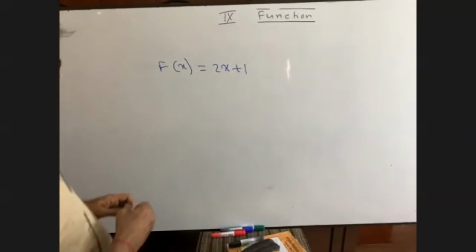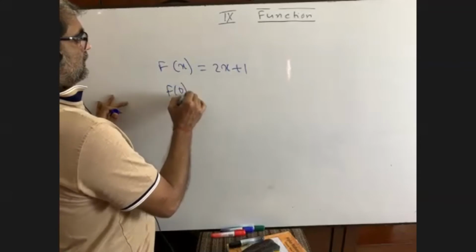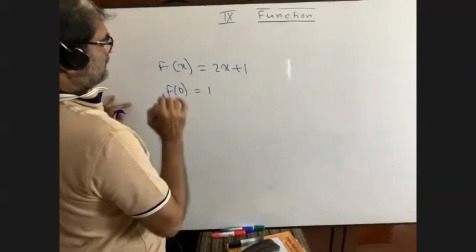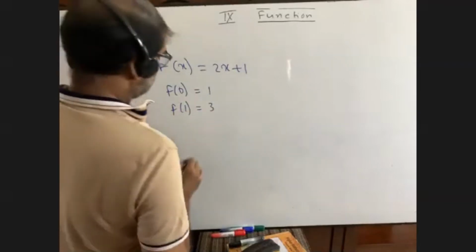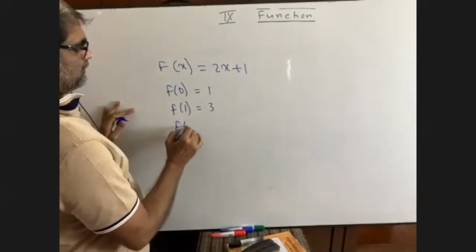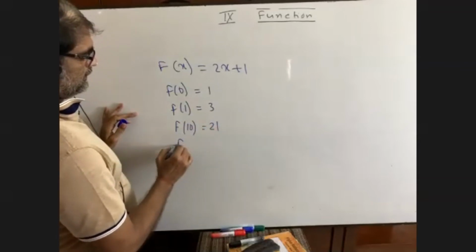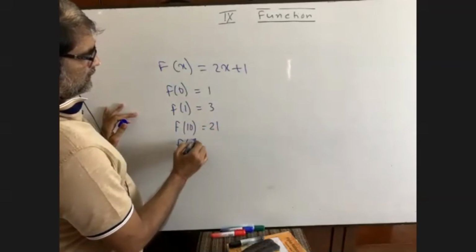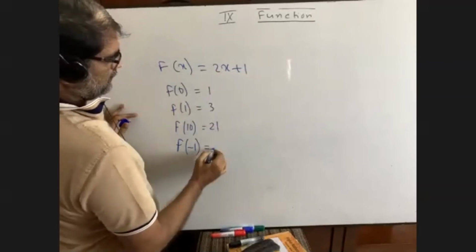No, we cannot. Suppose f of 0, it is 1. F of 1, it is 3. F of 10, 21. F of minus 1, minus 2 plus 1, minus 1.